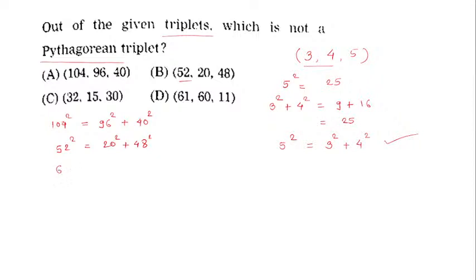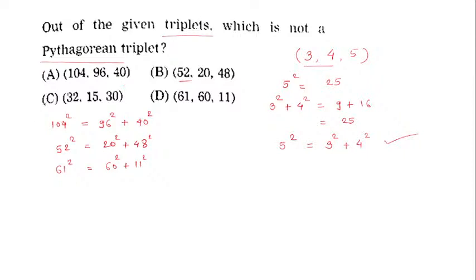The largest number among those three is 61. So 61 square is equal to 60 square plus 11 square. So the first, second and fourth, these three are Pythagorean triplets, as the largest number square is equal to the sum of squares of the remaining two numbers.